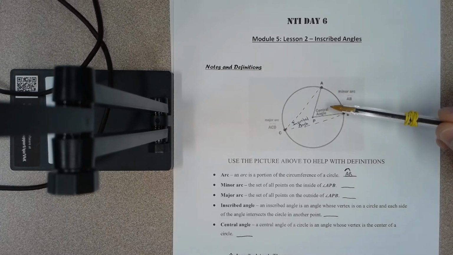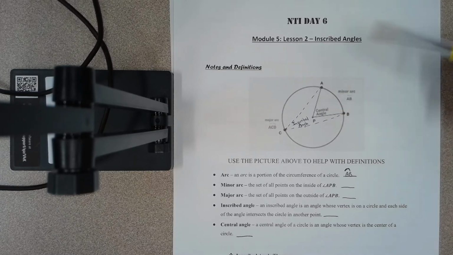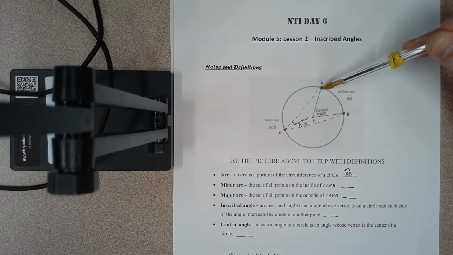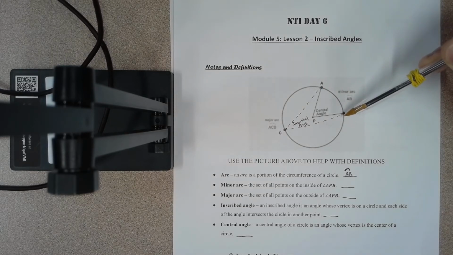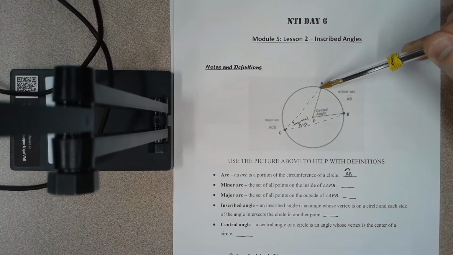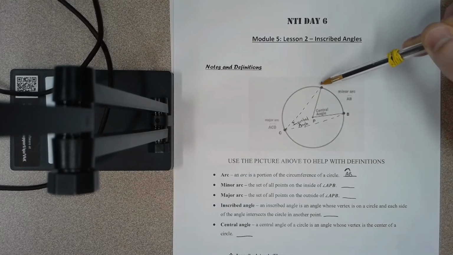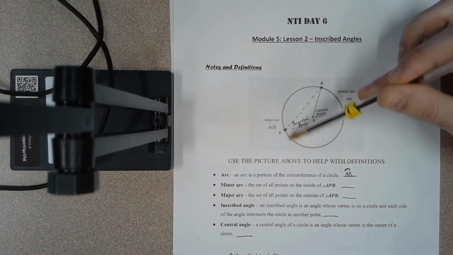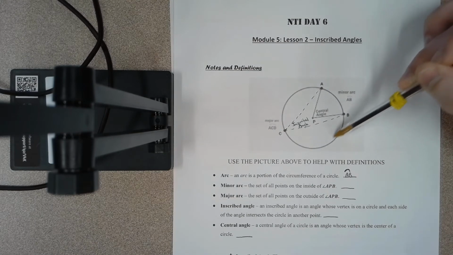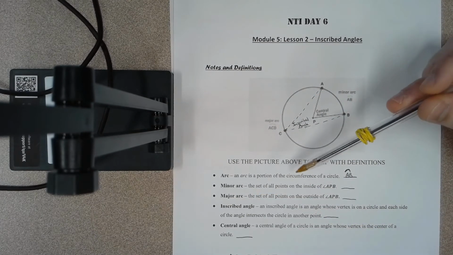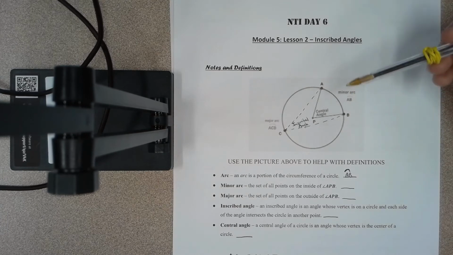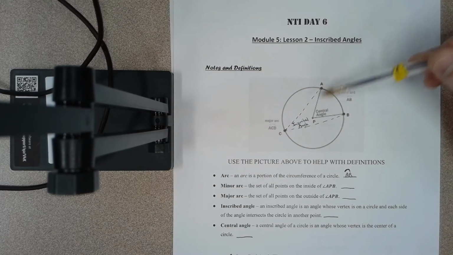The minor arc is the portion of the arc that's on the interior of that angle from A to B, and the major arc is the larger portion, all this space out here. The minor arc is the set of all points inside of angle APB. This is my minor arc, and it's minor because it's smaller.